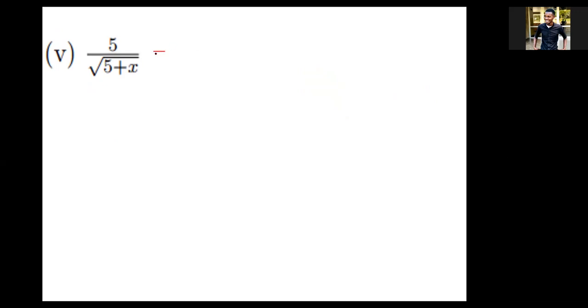The denominator is the root, meaning the other way I can write this is 5 over the root, which I'll write as 5 plus x, everything to the power half. And then this can also be written as 5 open brackets 5 plus x to the power negative half.